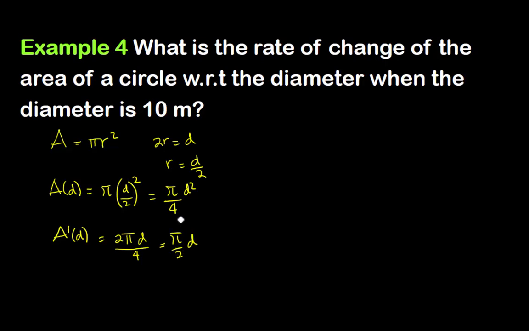So this is your derivative function for the rate of change of the area of a circle with respect to the diameter. Then when it's asked what it is at the instant when d is equal to 10, we have A prime of 10, which is equal to pi over 2 times 10, so that's going to be 5 pi. Okay?